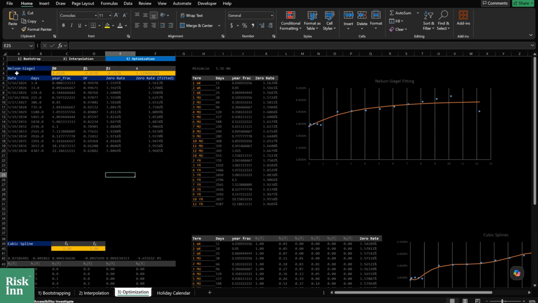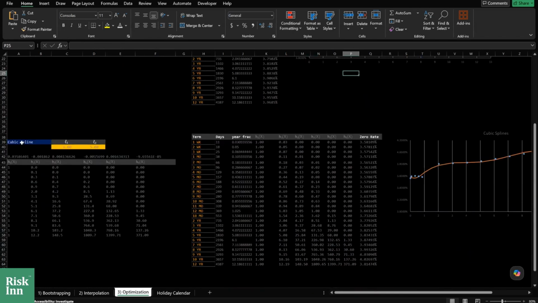Just to show you, there is a famous parametric method called the Nelson-Siegel method. It uses these four parameters, and this is the shape of the curve, and you just do the best fitting that is possible, right, by minimizing the loss function. And it will give you these parameters, and then you are ready to price any security.